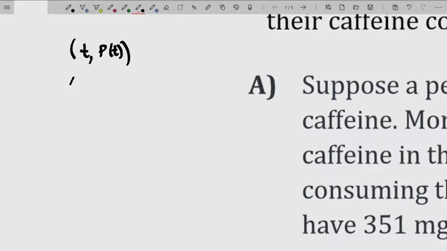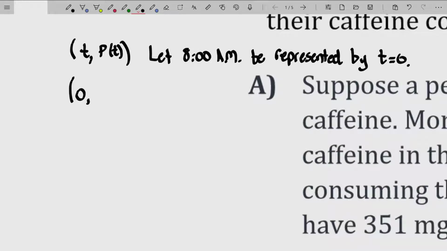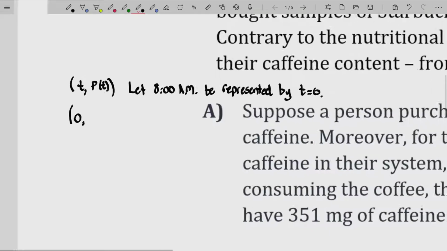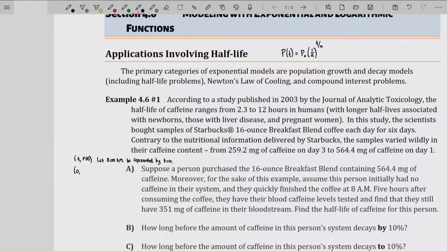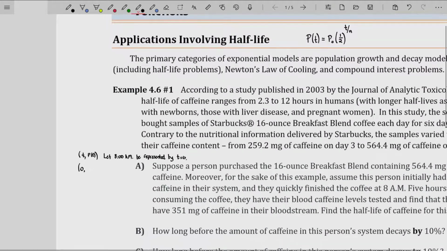And we told you that initially at 8 a.m., which I'm going to let be represented by t equals 0, that person had their first cup of caffeine in a long time, 564.4 milligrams.